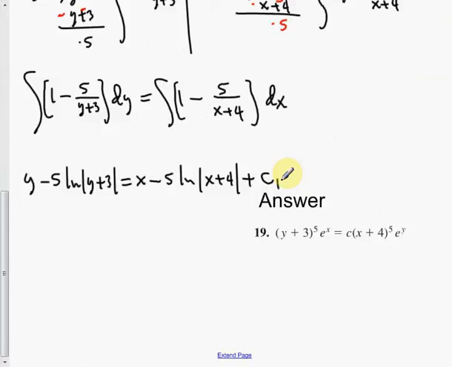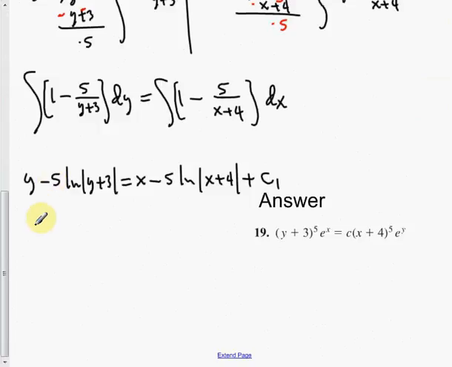Okay. So I'm going to get the x's and y's together. Since they're of the same form, I'm going to get the natural logs on their side together.